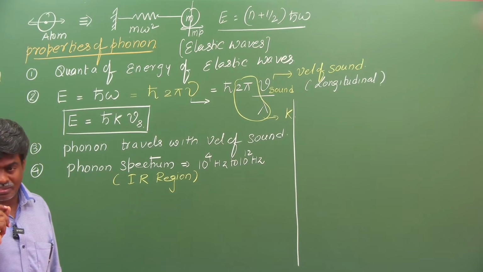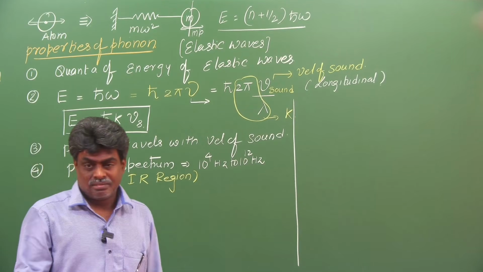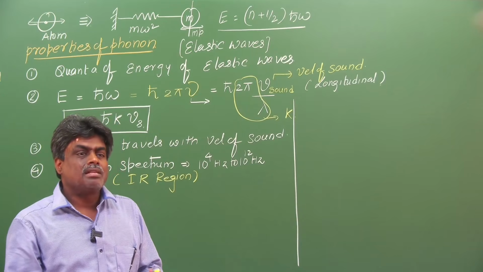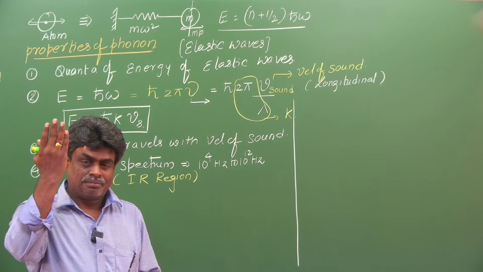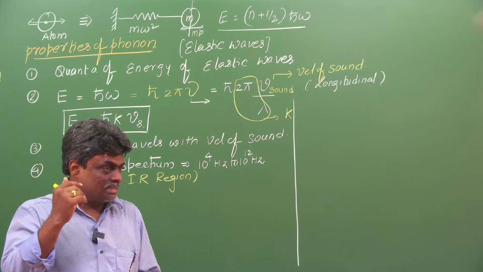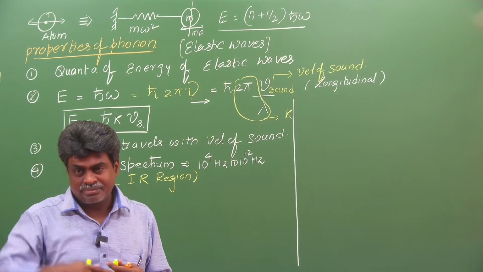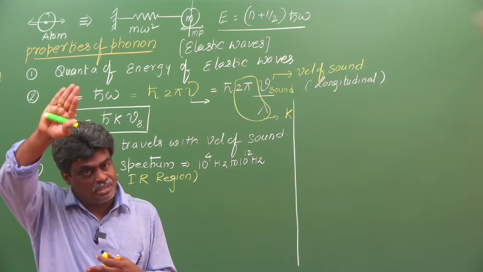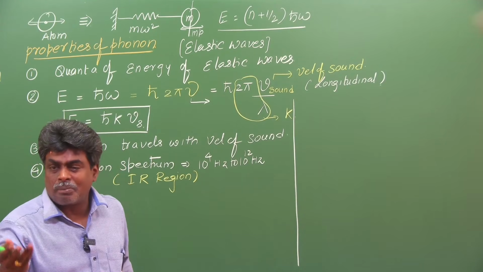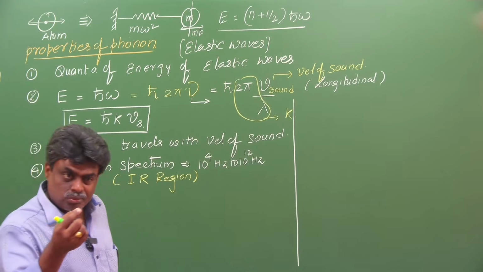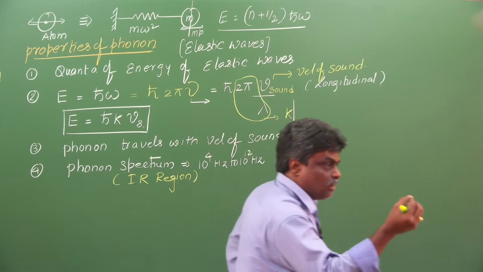This is an interview question they will ask. How can you say that phonons exist? If anybody asks how can you say that photons exist, you will show him light. What is that light? Excitation of the electrons, that's why we are getting electromagnetic waves. That is nothing but photons. But he is asking, what is the experimental evidence to say that there exists a phonon?